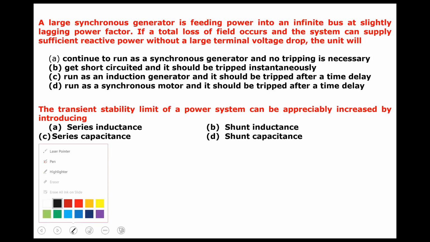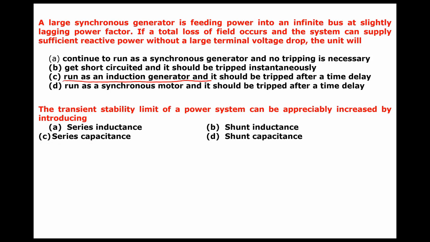So an induction generator is equipment that supplies real power to the bus bar and draws a huge amount of reactive power from the bus bar. Remember those three things. In a synchronous generator there are two excitations: one is a field excitation, the other one is a prime mover excitation. So one supplies mechanical input, the other supplies the magnetic field.